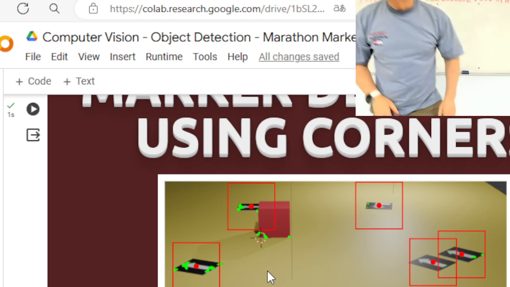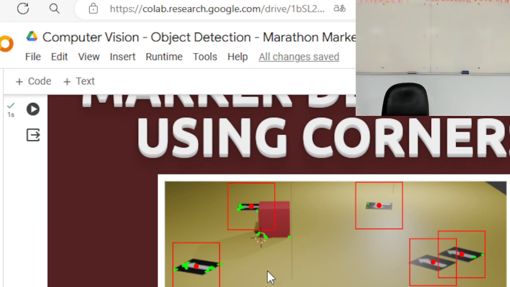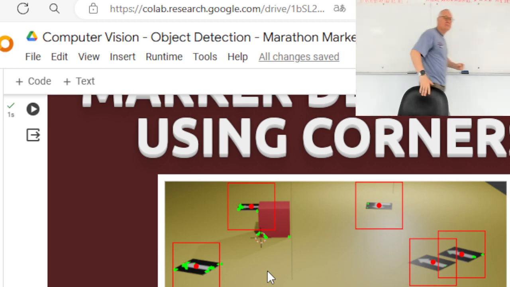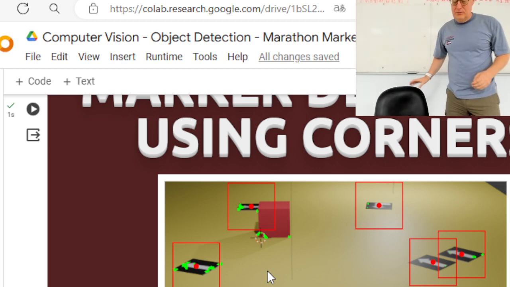Let me have a look at yours. Show the corners. Okay. The red one. Okay. Actually, I haven't started here. Okay. Then you can do the next step.